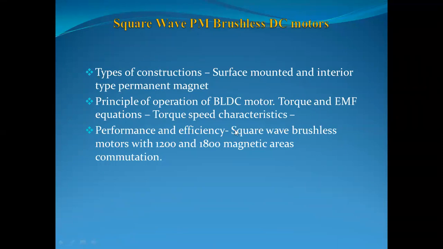The next topics are types of construction, surface mounted and interior type permanent magnet, principle of operation of BLDC motor, torque and EMF equations, torque speed characteristics, and performance and efficiency of square wave brushless motors with 120 degrees and 180 degrees magnetic commutation. These are the topics we cover in this unit.